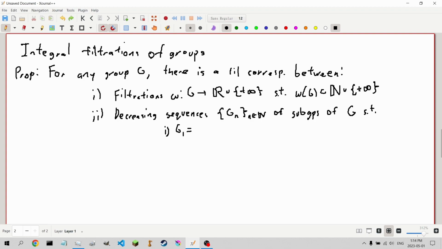So that's our first group in the sequence. And second is that the commutator of two of the subgroups, Gn and Gm, is going to be contained within the subgroup indexed by n plus m. Now, if you've taken a group theory class before, you may have seen the descending central series, and we're going to tie this construction back to that pretty soon.